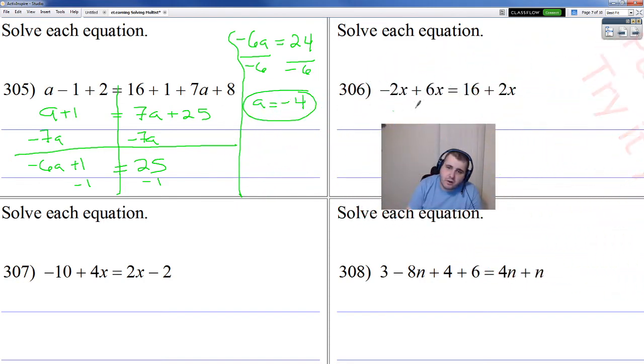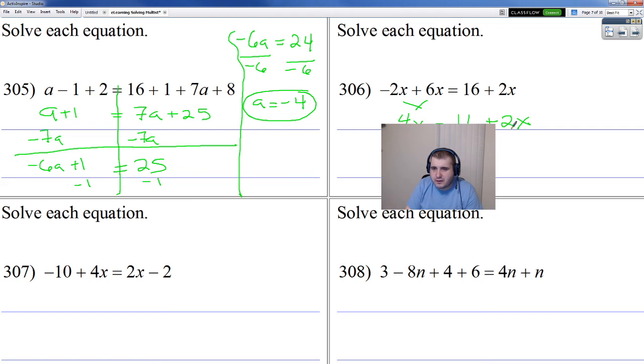Okay, so let's do 306. So I've got like terms here, 6x and negative 2x. So I've got 4x equals 16 plus 2x. So now one thing I want to point out, here I've already got the variable by itself already, right? So that should be the place where the variable goes. Sometimes, if this was switched, there's no reason to move stuff away.